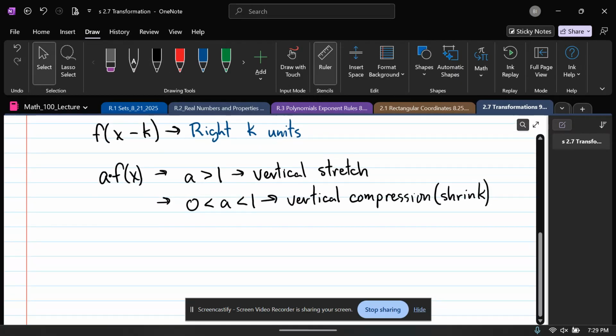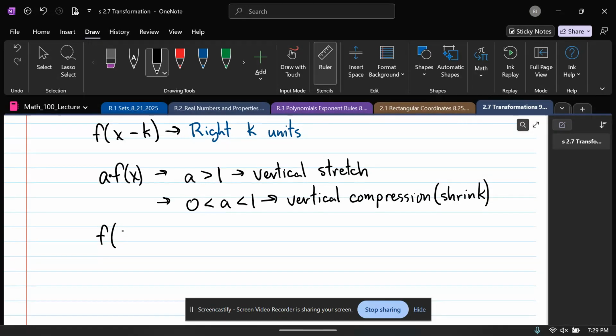Okay? Now, if you put the multiplier on the inside, I'm going to use a different letter just so we don't get confused. I'm going to use a B. If B is greater than 1, that's going to be a horizontal compression.